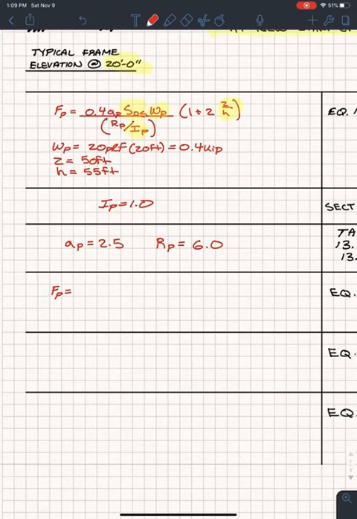Now, we can go ahead and calculate F sub P, because, just to highlight those, we've got everything. So we've got 2.5, we've got 1.25, we've got 0.4 kips.